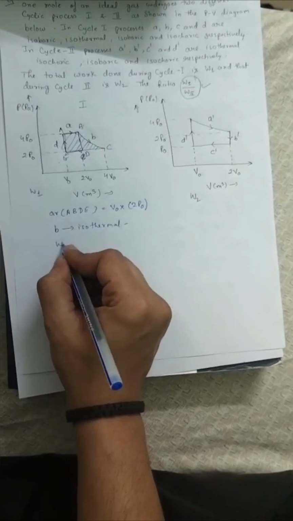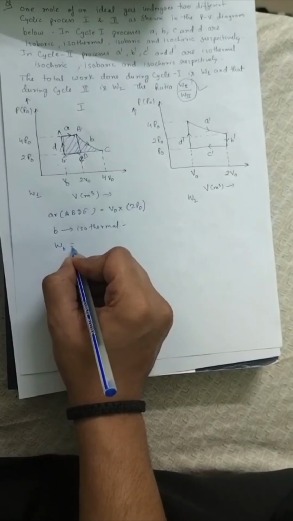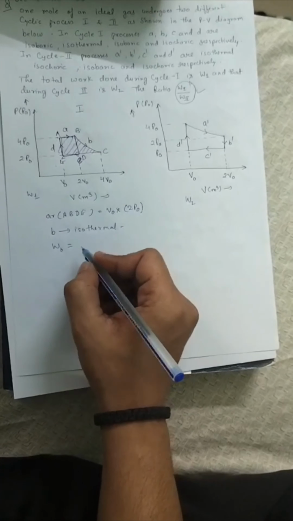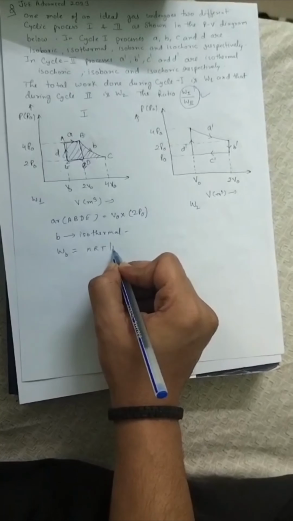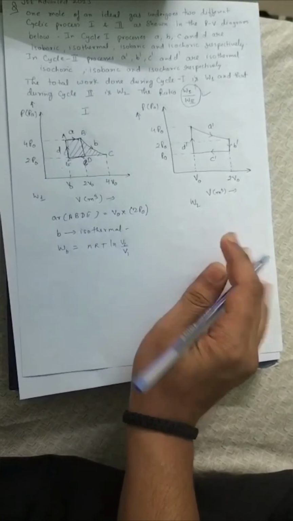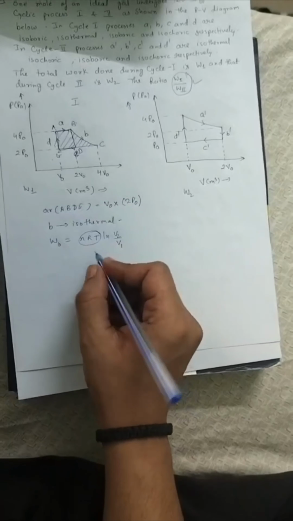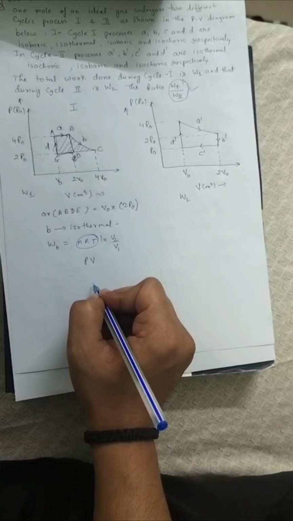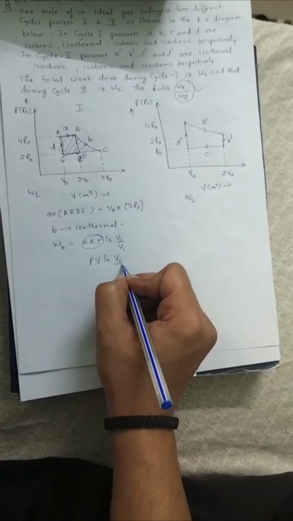So what is the work done for an isothermal process? Work done for an isothermal process is nRT ln V2 upon V1. And you also know that this nRT equals P into V, from the ideal gas equation, into ln V2 upon V1.